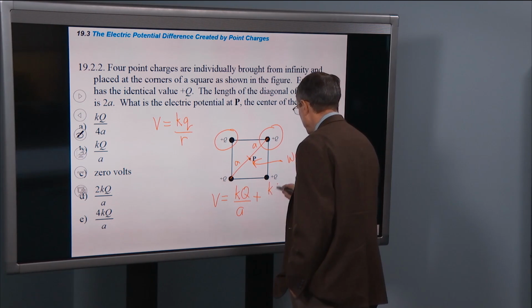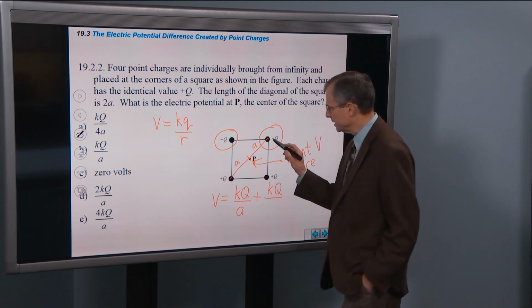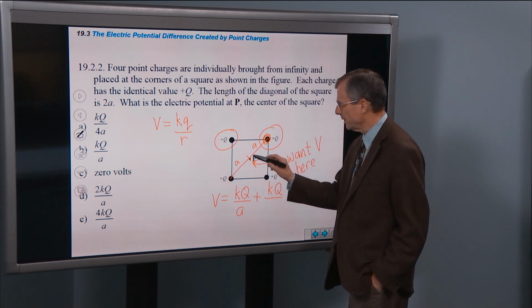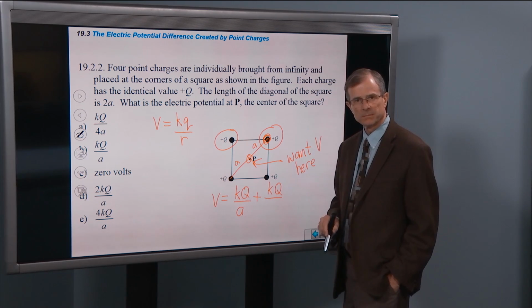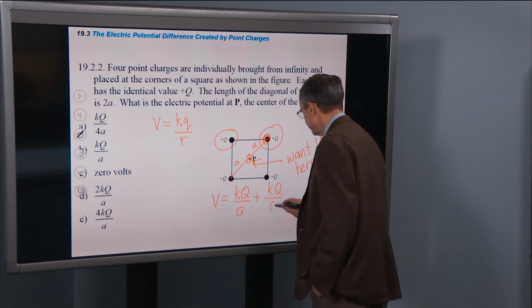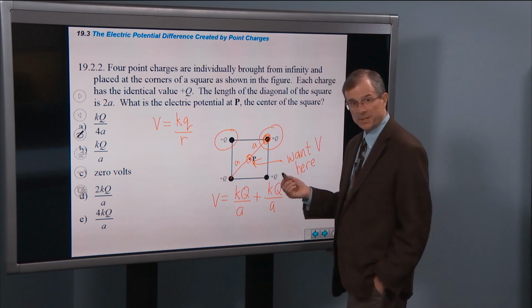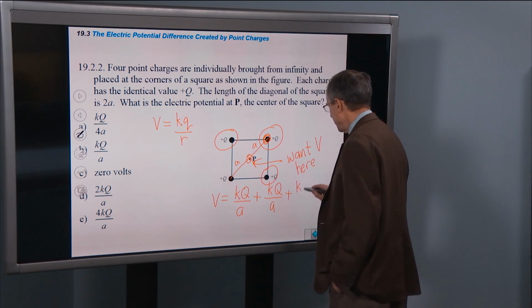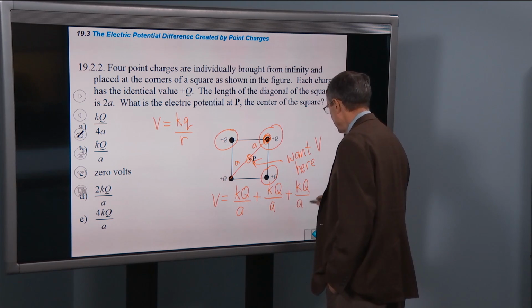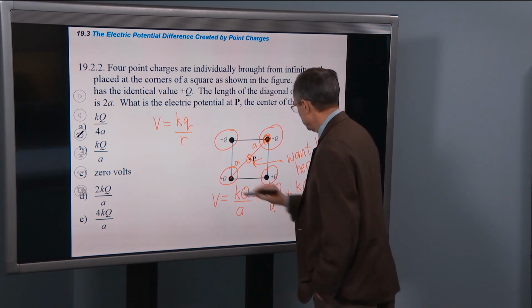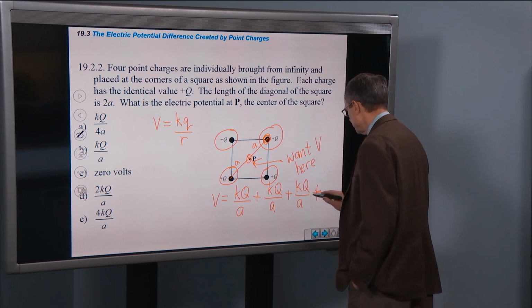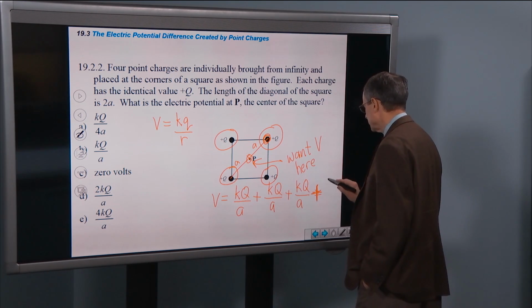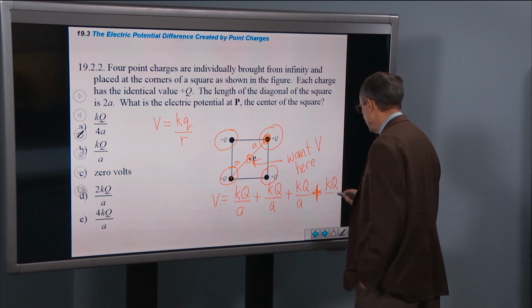K, Q, divided by the distance between this charge and this point. What's that distance? a. And you're starting to see the pattern here. For that one, it's going to be KQ over a. And for this one, KQ over a. Plus, that's a plus, not an equals, KQ over a.